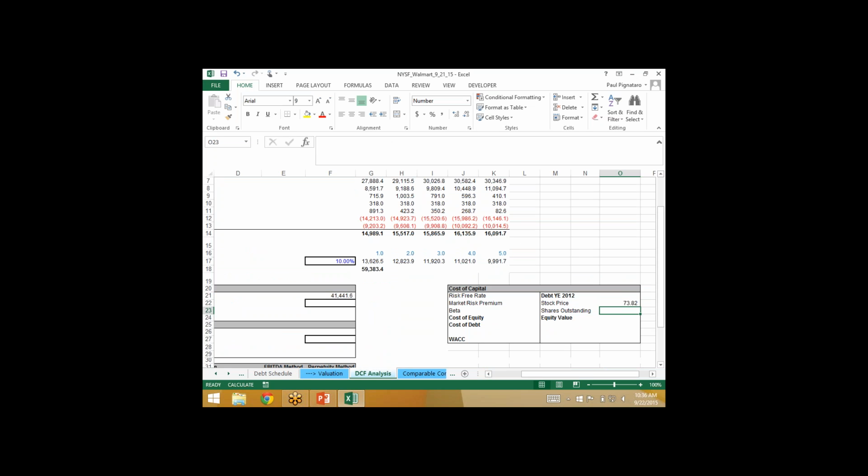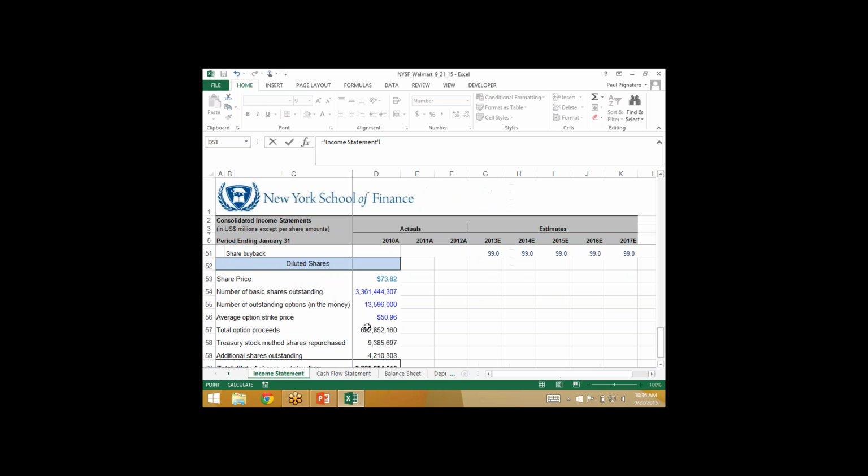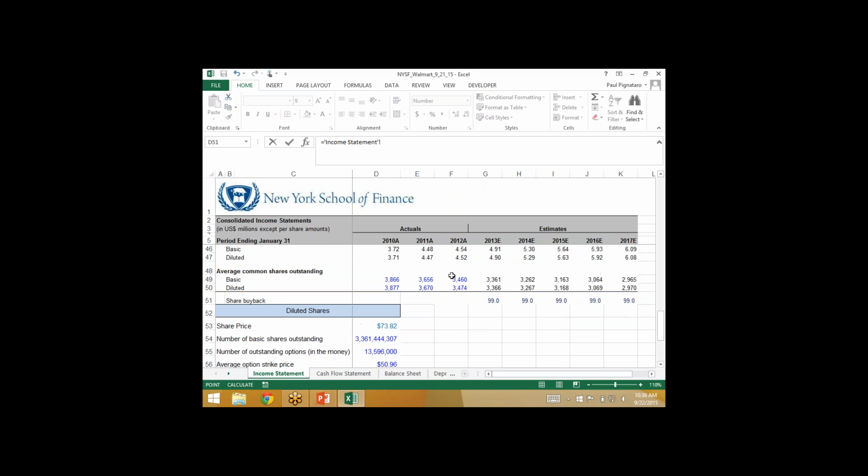I'm going to multiply by the shares outstanding. And I want to use the most current possible. And I want to do diluted shares outstanding. So we kind of calculated all that for 2013. Even though we used 2013 for the projected year, don't get confused.